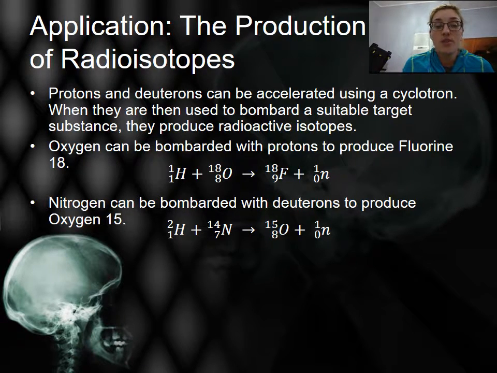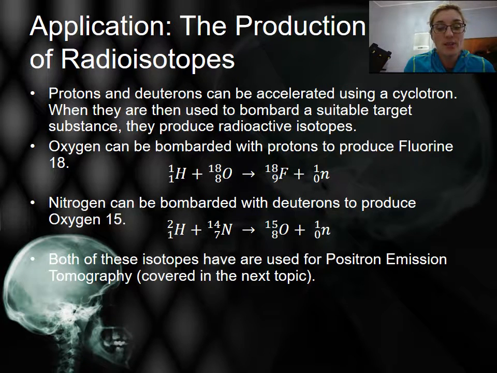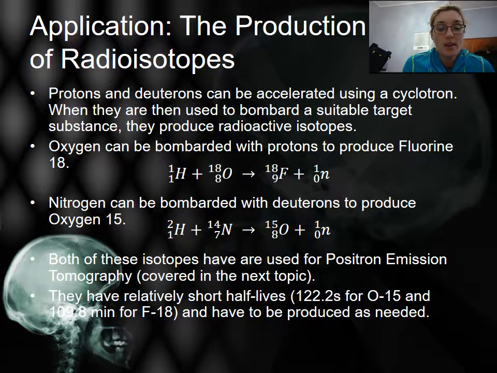And nitrogen can also be used, and we can bombard that with deuterons to produce oxygen-15, again a radioactive isotope. Both of these isotopes are used in something called positron emission tomography, which is a particular type of medical imaging that we're going to be covering in our next topic.